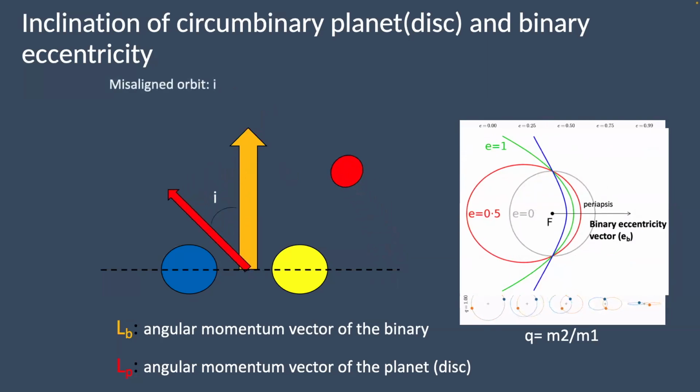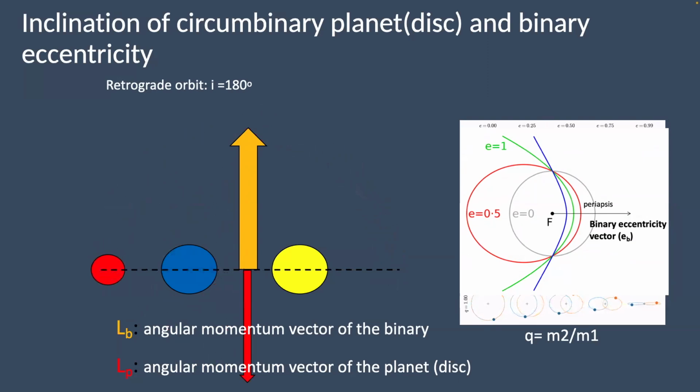If the planet is in a misaligned orbit, then the inclination is the mutual inclination between L_b and L_p. If L_b and L_p are perpendicular to each other, it's a polar orbit. Finally, if they are parallel but in opposite directions, it's a retrograde orbit.